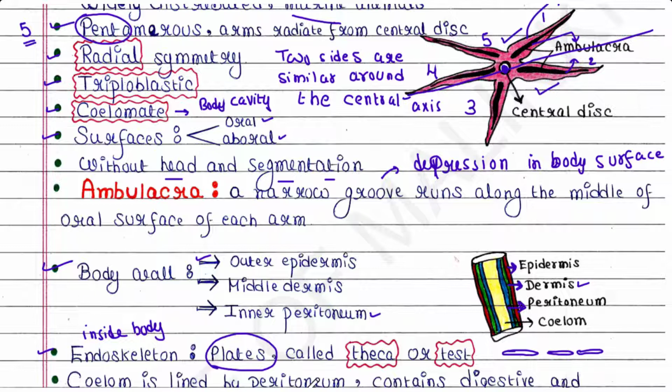Coelom is lined by peritoneum. So this yellow one, that is coelom. So you can see that coelom is lined by the inner layer of body wall, that is peritoneum. And this coelom contains digestive systems as well as reproductive systems.